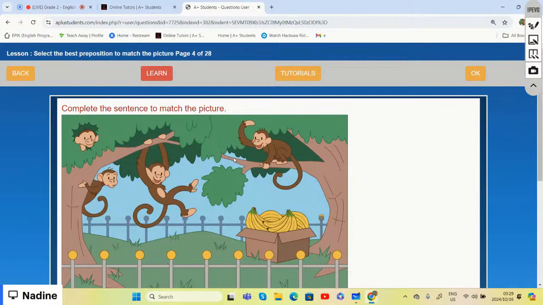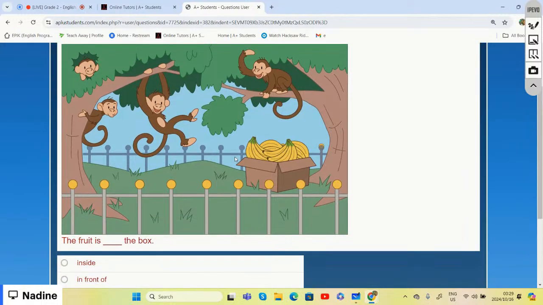The next one says, the fruit is the box. Where is the box and where is the fruit? Is the fruit inside of the box, option one? Or is the fruit in front of the box, option two?